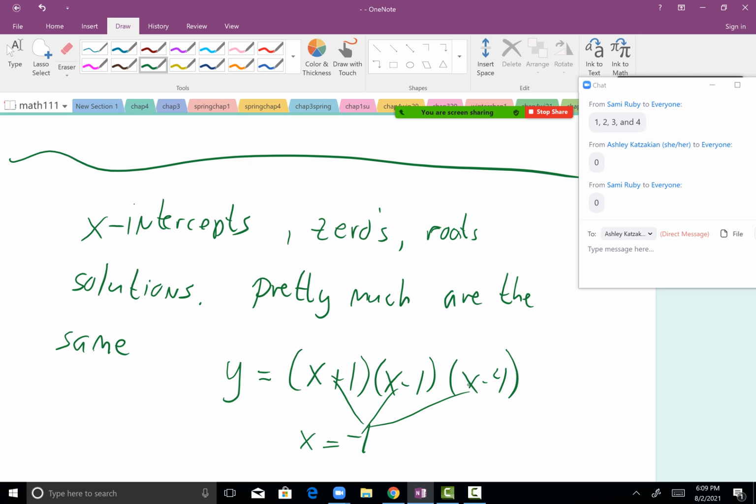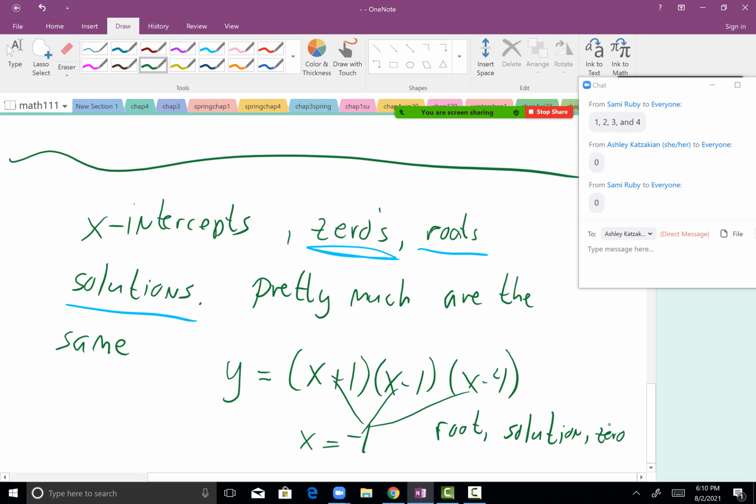Very good. So -1 into any one of those x's is going to give me a 0, which is why it's called a 0. If it's a 0, then it's also called a root or a solution. So -1 is also a root, a solution, and a 0.